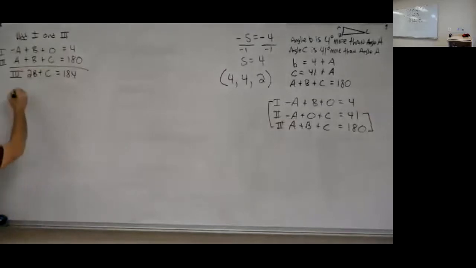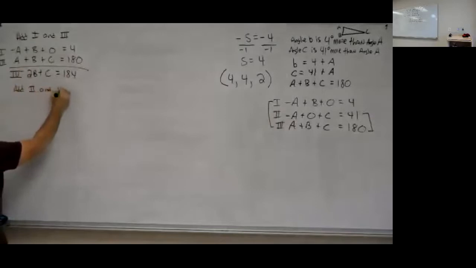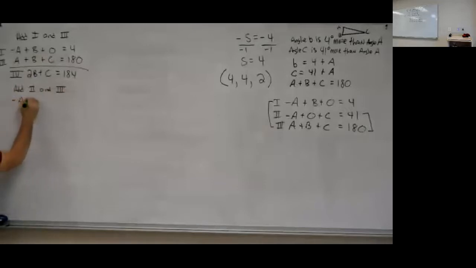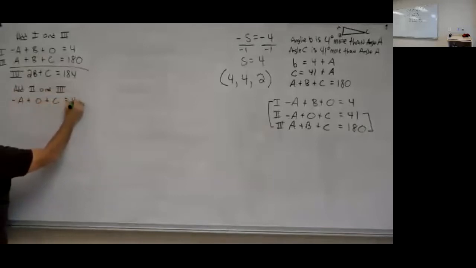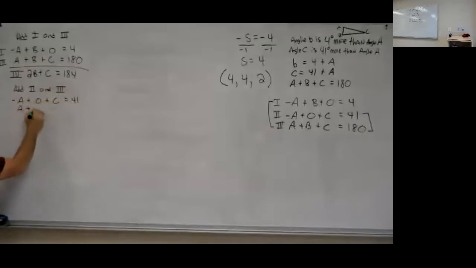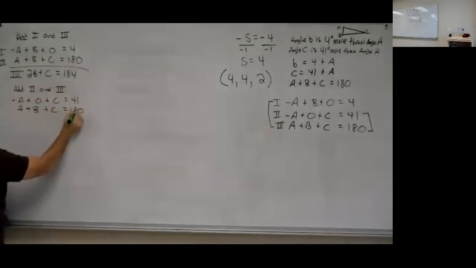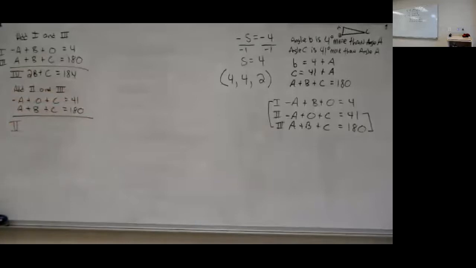So now I'm gonna add 2 and 3. Once again, I don't have to change the rows because I got a negative A and a positive A. So negative A plus 0 plus C equals 41. A plus B plus C equals 180. When I add them, I'll have row 5.